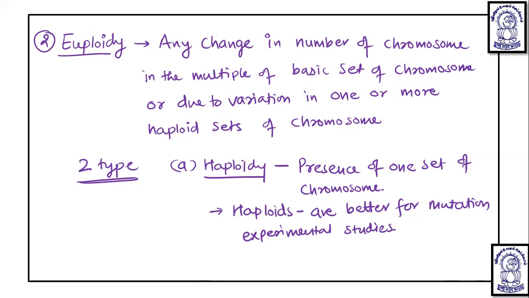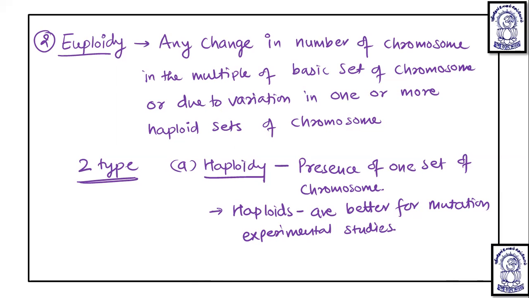So one allele of each gene is present in each cell. Due to this, its expression occurs immediately, so they are the best for mutational experimental studies.